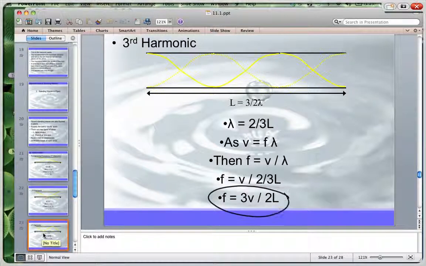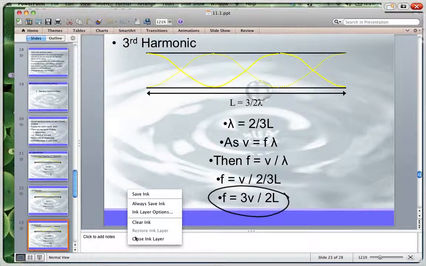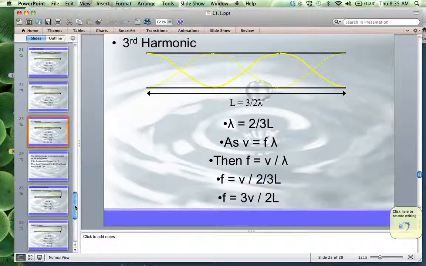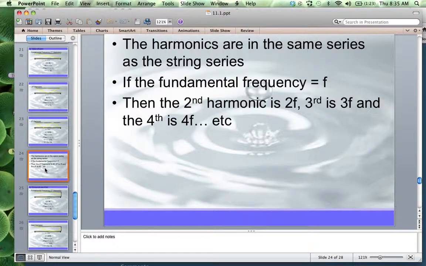So you actually get exactly the same result with your fixed ends as you do with your open ends. You get the same harmonic series that is formed. So it's pretty straightforward. We don't have to worry about it too much. The harmonics are in the same series as the string series, and it starts with the fundamental frequency F.